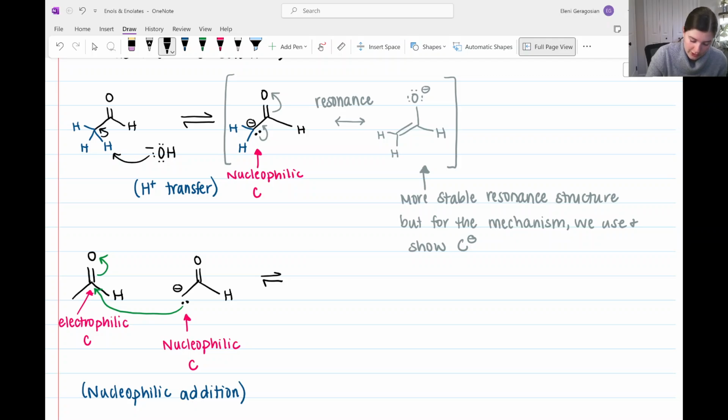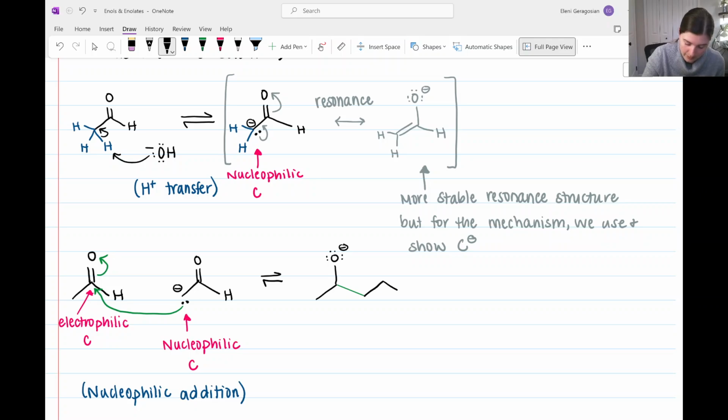So the new structure here, we've got a carbon-to-carbon bond, and a carbon-to-oxygen single bond. We broke that pi bond. Now this carbonyl carbon, I'll use green because we use that for the curved arrow, is now bonded to the carbon from the enolate.